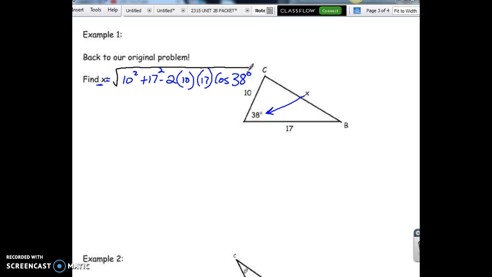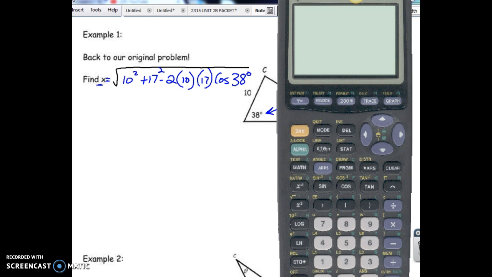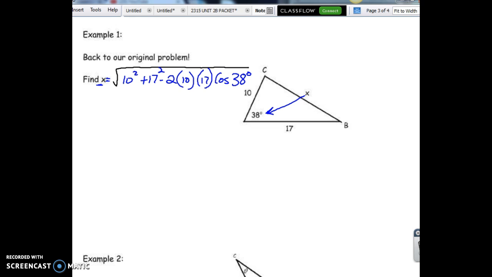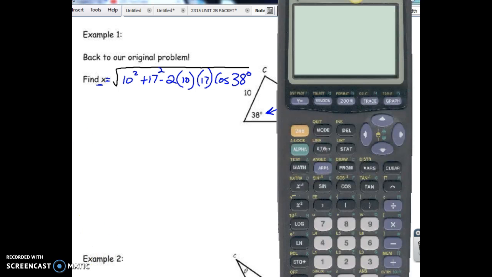Now, the real nice part about this is I can punch it all in one step in a calculator. So let me get the calculator up. What's nice about this problem is whenever we're finding a side, you can punch it all in one step in your calculator.